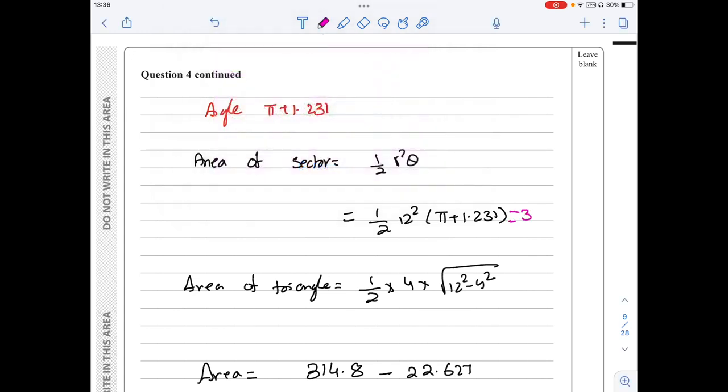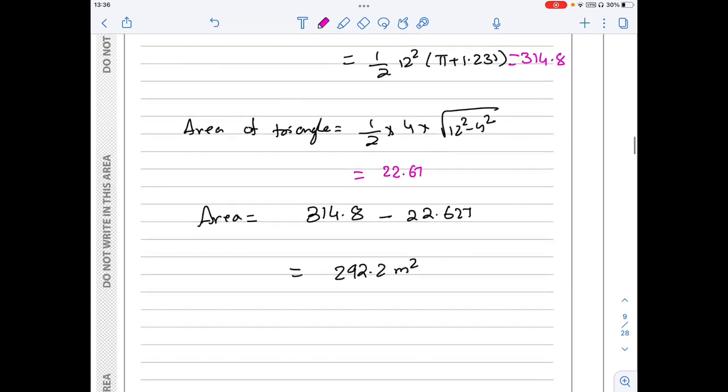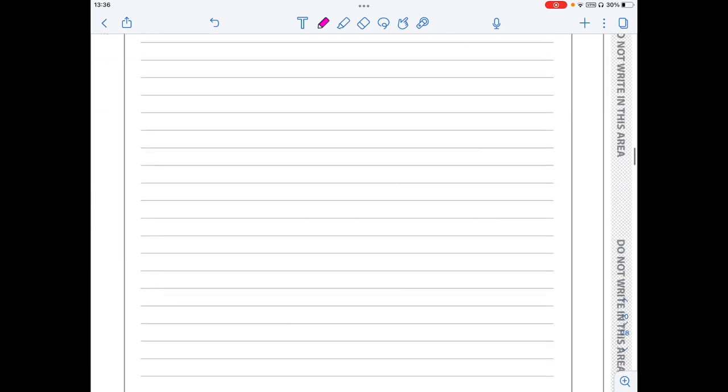This is 314.8, and when I simplify this one also, I am going to get 22.67. So the final answer is 292.627 or 292.2 meters square.